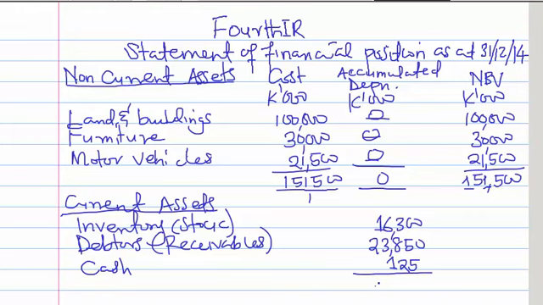That gives us a figure of total current assets of, I believe, 40,275. Just get your calculators and confirm that for me.